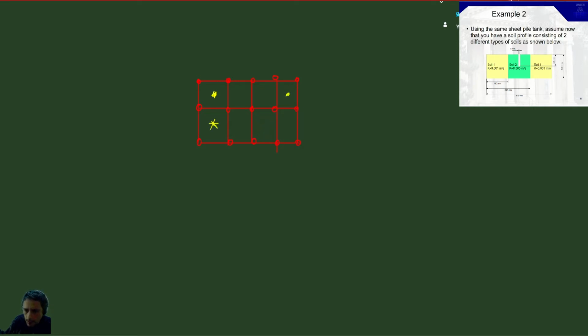So the material properties belong to the materials that are in between, not at the nodes.